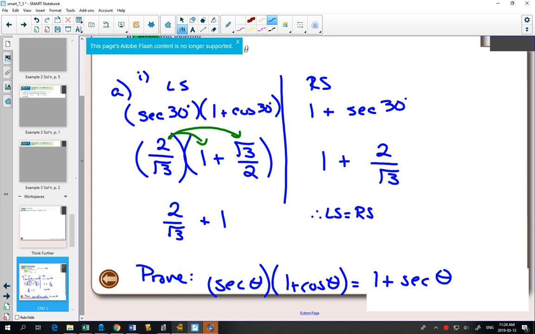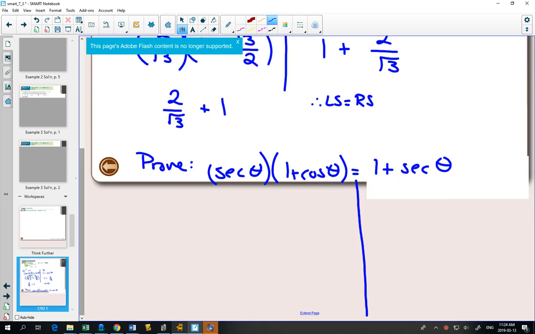Again, for our proofs, same thing, where the equal sign is we draw a line, and now we have to use our skills in manipulating both sides to see if we can make them match. One of the things you might do in the first equation is multiply this through. And we get secant theta plus secant theta times cos of theta.